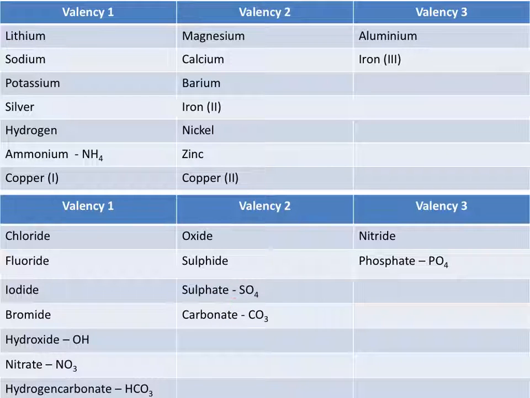So sulfate has sulfur and oxygen. Carbonate has carbon and oxygen. Phosphate, phosphorus and oxygen. We're going to use these compound ions now in our formula writing. So make sure you've got a printout of this valency table, and let's get started.